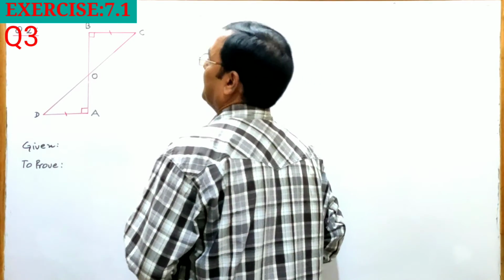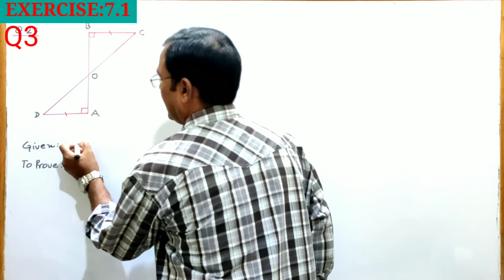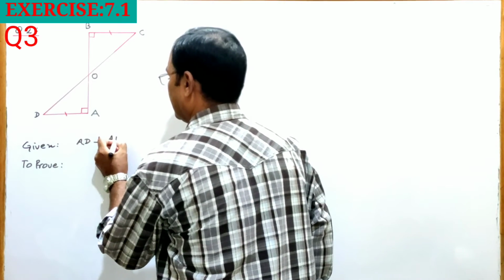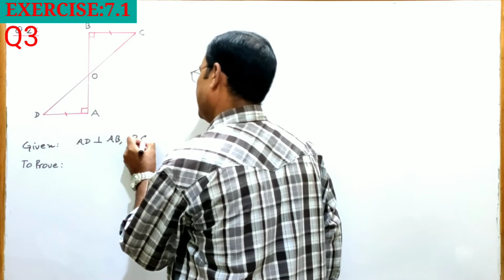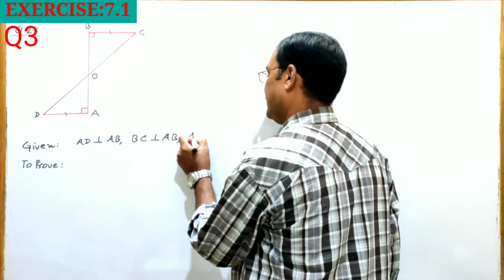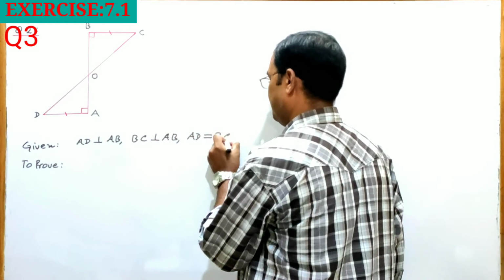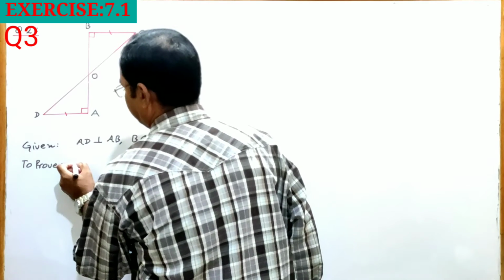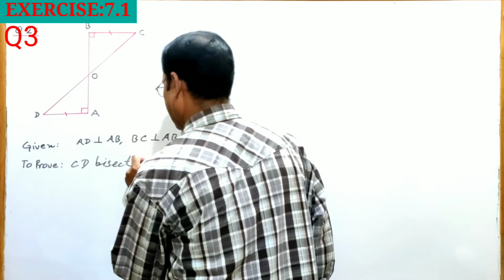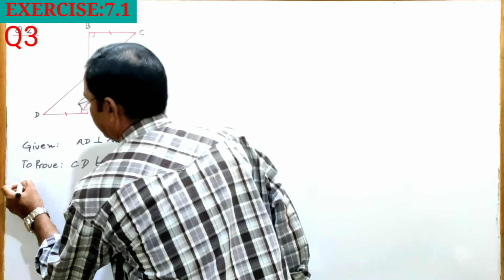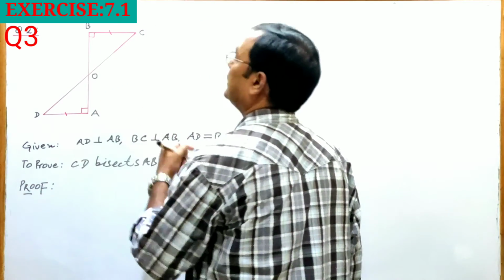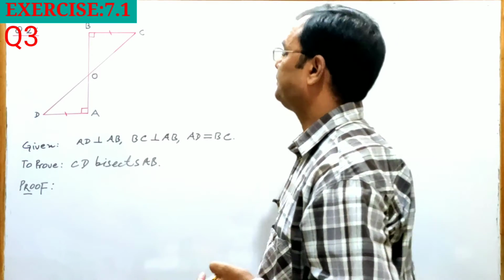So let us write given. AD perpendicular to AB, BC perpendicular to AB, and AD is equal to BC. We have to prove that CD bisects AB. So let's prove this question.